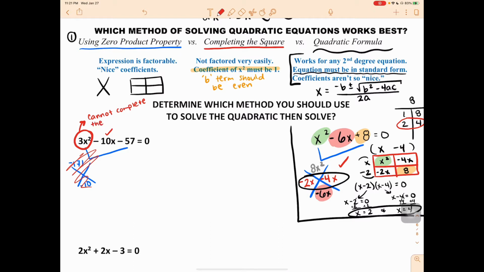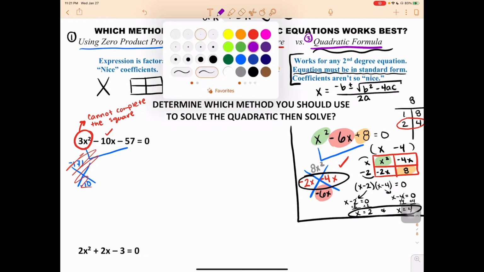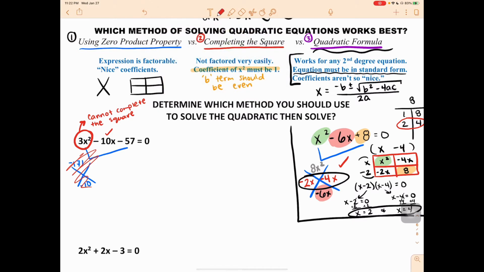That means the coefficient is a 1. So we cannot complete the square here because of the 3. So we must use the quadratic formula. So I'm going to number these strategies here. Strategy 1, 2, and 3. Okay. So we're going to use the quadratic formula.